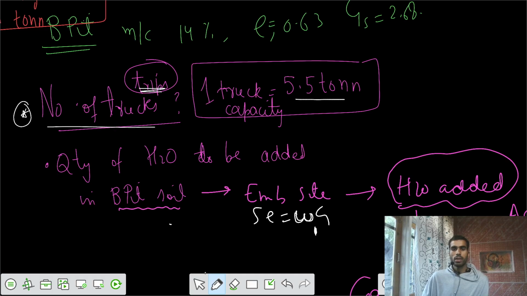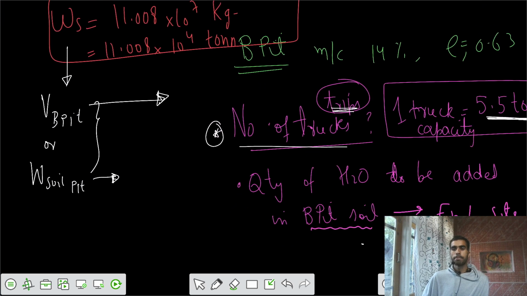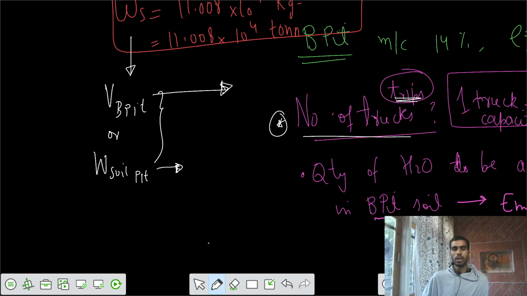One truck's capacity is given in terms of tons, so the data is in terms of weight. So we have to solve for the weight of the soil required from the borrow pit. So I would solve in this way.